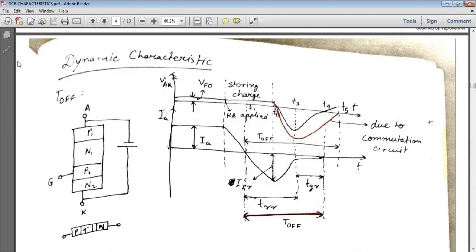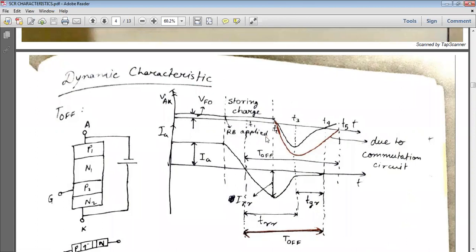Some charge is recovered, and in the dynamic characteristics, you can see that initially the current is in conduction, then due to the stored charge, it comes down.